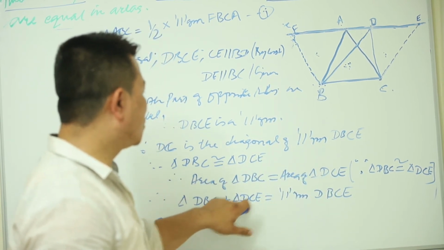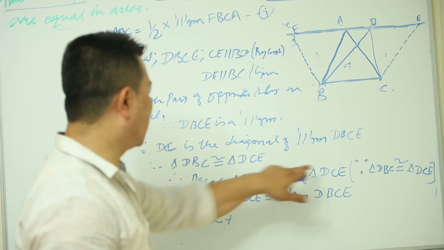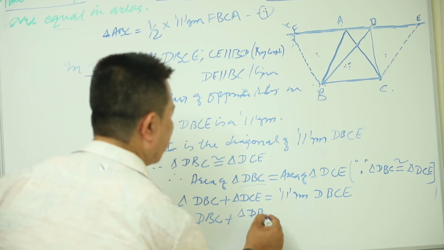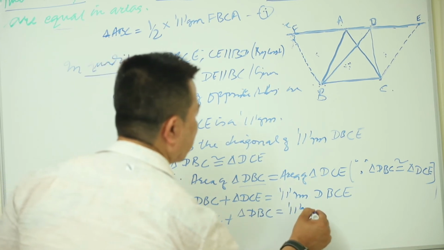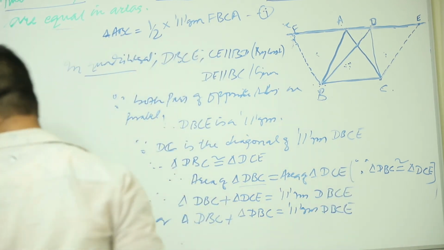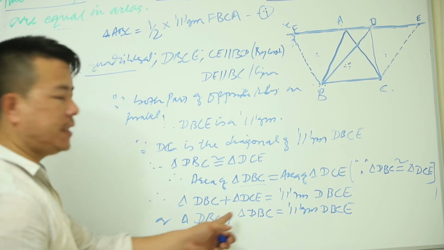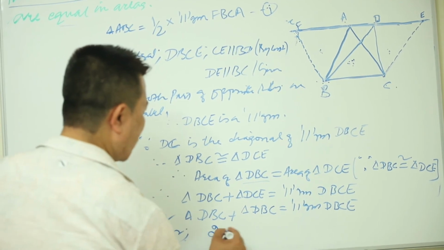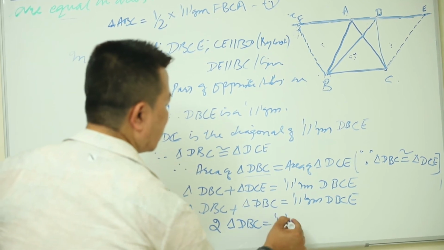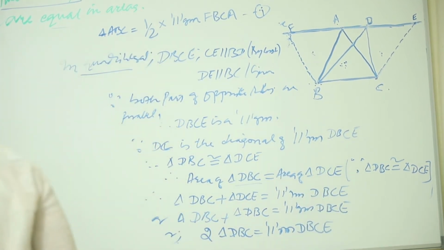Because these are equal, in place of DCE you can write triangle DBC plus triangle DBC is equal to parallelogram DBCE. When you add them, twice triangle DBC is equal to parallelogram DBCE. Now simple simplification.